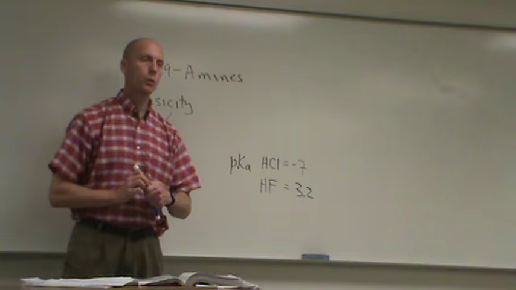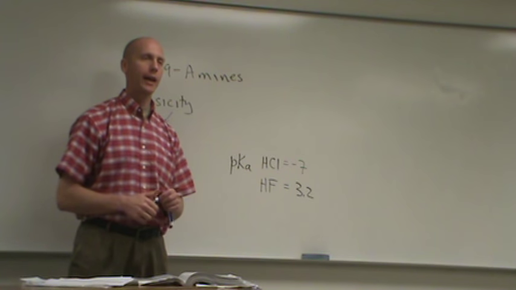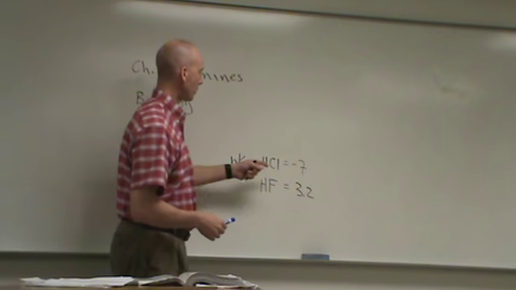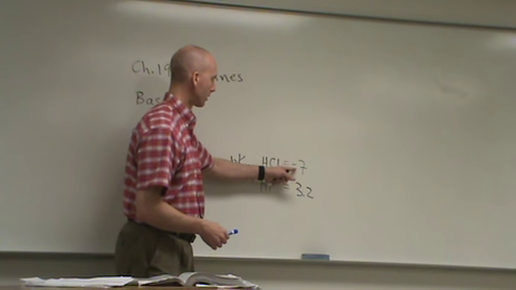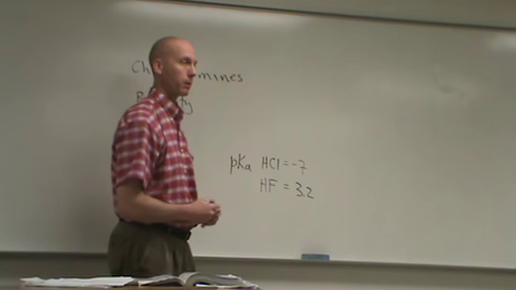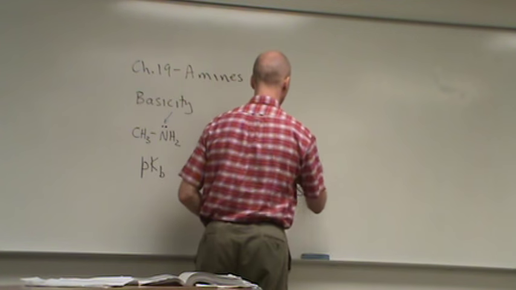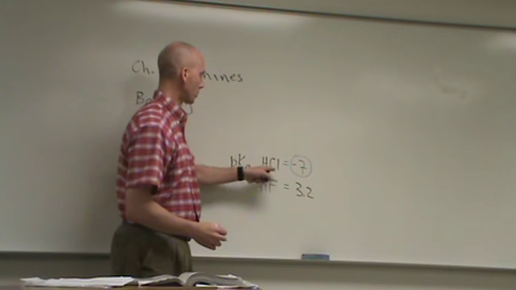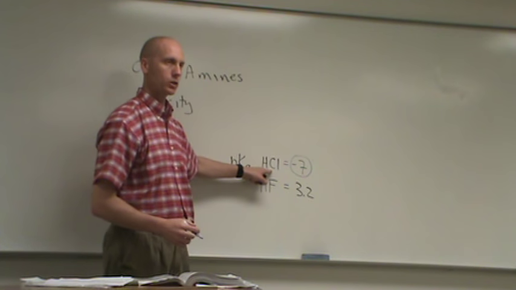Which of those two was the stronger acid? It's always the one that has the smaller number. So the smaller that number was, the stronger that acid was.